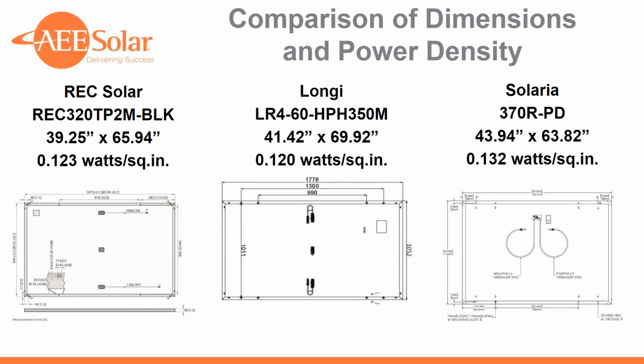The Longi that's coming out in Q1, and this is admittedly on the lower end of the watt class binning, and I would expect this to jump to a 360 in pretty short order once the product is launched, but a bit wider, 41.42 inches. So already almost 2 full inches wider than the REC 320, and quite a bit longer as well, 69.92 inches.